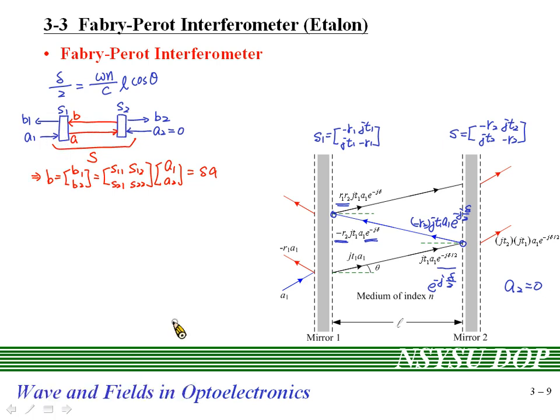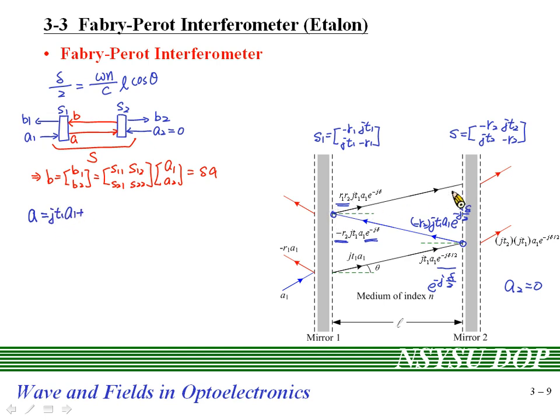Okay? First, let's consider what will be the amplitude of A. As I have said, A here is the amplitude of all the light beams going from mirror 1 to mirror 2. So for the first one, the amplitude will be jT1A1.